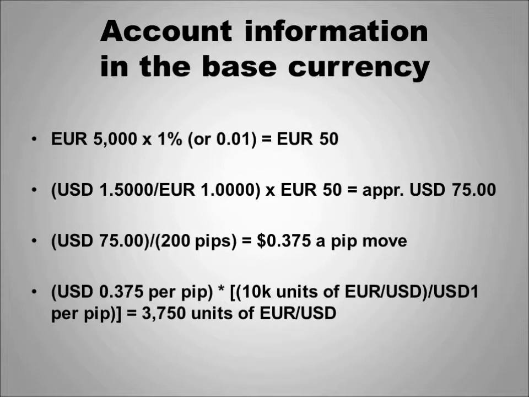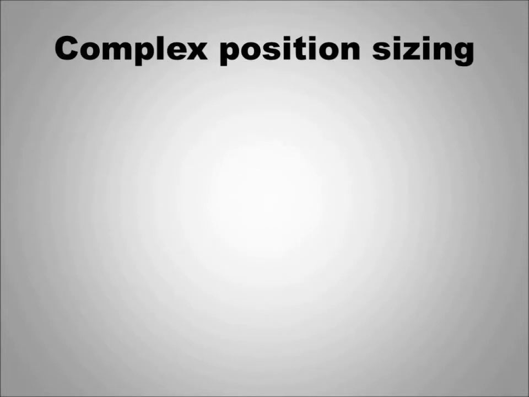Then we multiply that by 200 pips, meaning each pip move is worth 37.5 cents. So if we gain 1 pip, we gain 37.5 cents. Or if we go back a pip, we lose 37.5 cents.